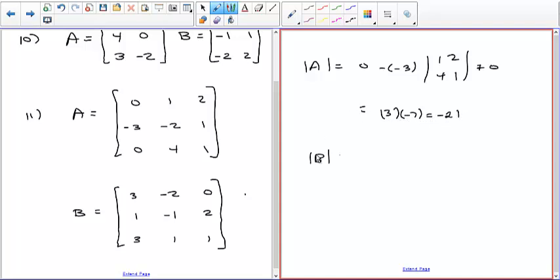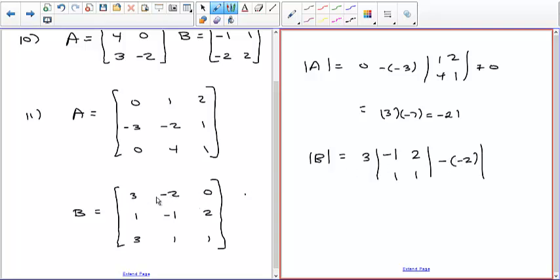Okay, B. We just use row 1. So you can have 3, and the matrix you have left over when you cross out row 1 and column 1 is negative 1, 2, 1, 1. Then you subtract, because it's the second, plus minus. So it's going to be negative 2 minus the negative 2.